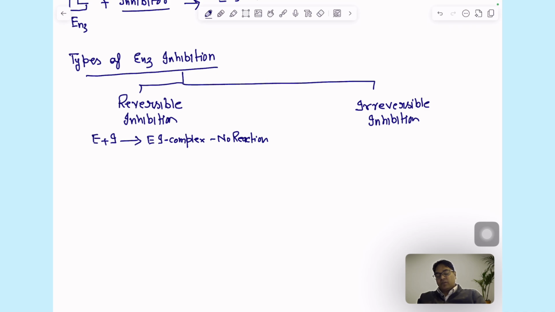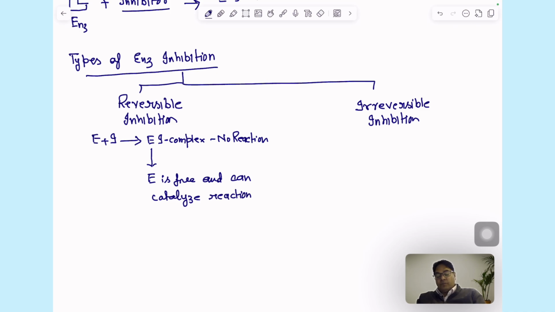Inhibitor can come out of the enzyme. That means if the inhibitor comes out of the enzyme, the enzyme is free and can catalyze the reaction, right?